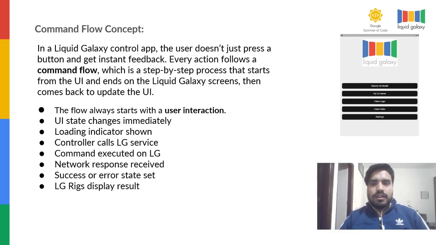Then that command executes on the LG host system with the help of the network. And if the LG host system returns any kind of error or success, then our application displays that message on the console. So in this way the command flow works in our Liquid Galaxy app using state management.